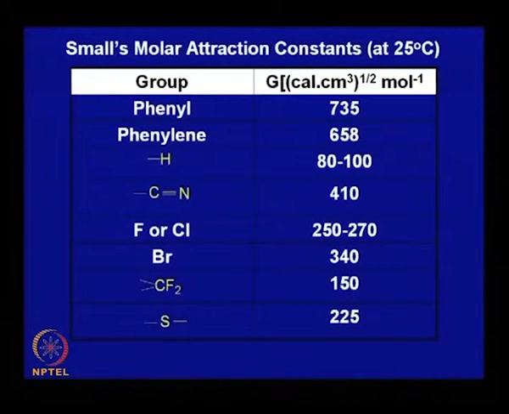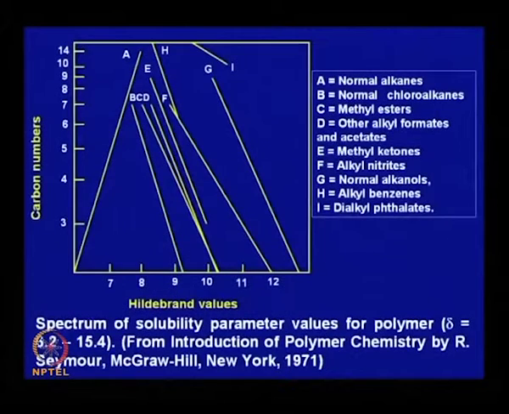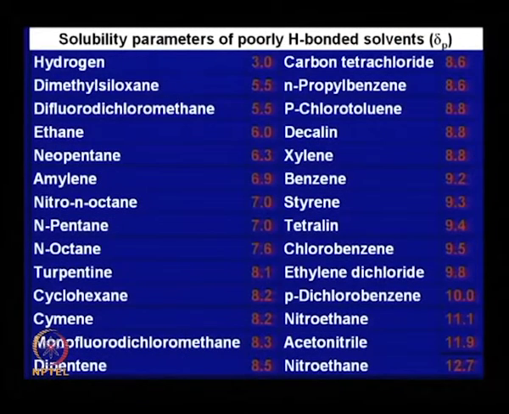So, from these molar attraction constants, you can calculate the solubility parameter. Look at the solubility parameter values which were calculated or experimentally determined. For hydrogen it is 3, for dimethyl siloxane it is 5.5, difluoro-dichloromethane 5.5, ethane 6.0.